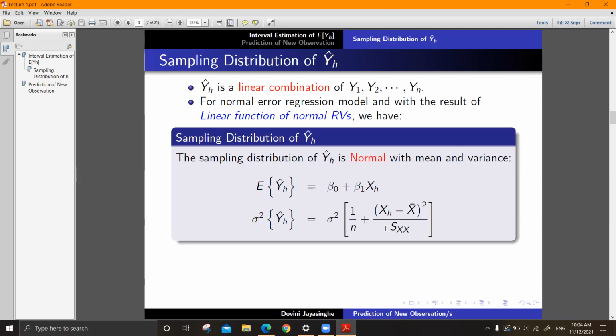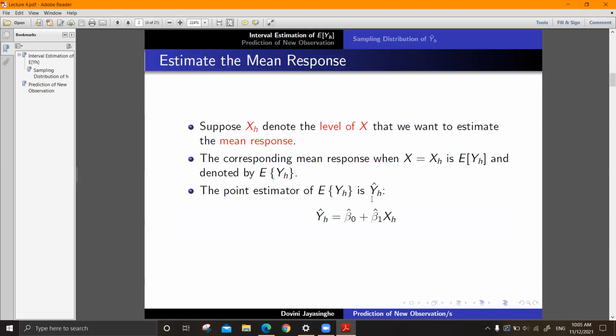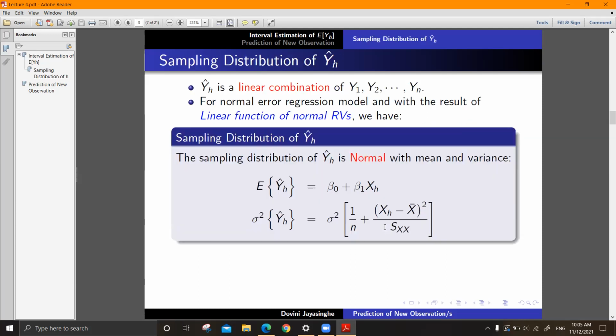So here the expected value of this is basically this. We were talking about unbiased estimators. That is how, when we take the expectation on both sides, since these are unbiased, they are going to be beta naught and beta 1 without the hat. Expected value of beta naught hat is equal to beta naught.